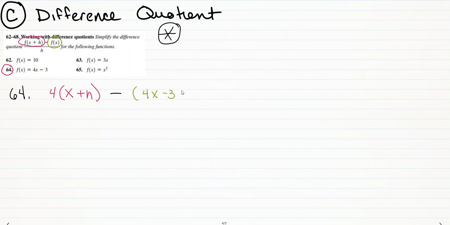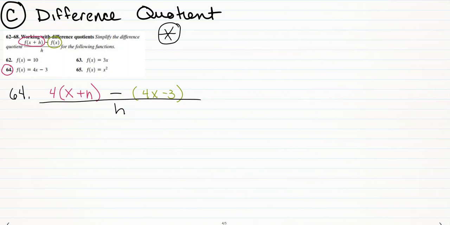Notice I put parentheses around that 4x minus 3 because we're subtracting the whole f of x. So we have to subtract 4x and subtract the opposite of 3. And then I'm going to divide all of that by h.